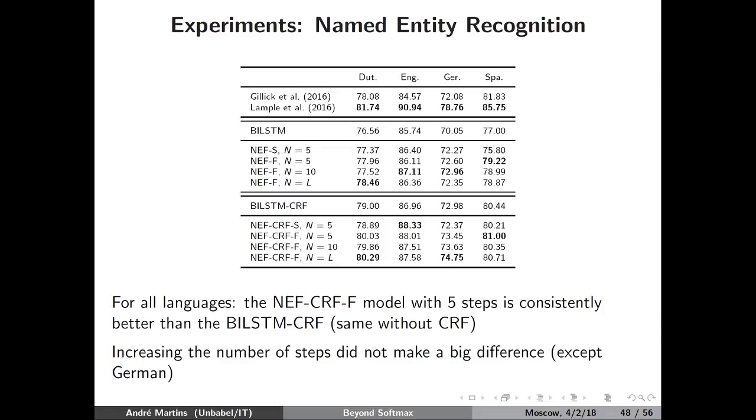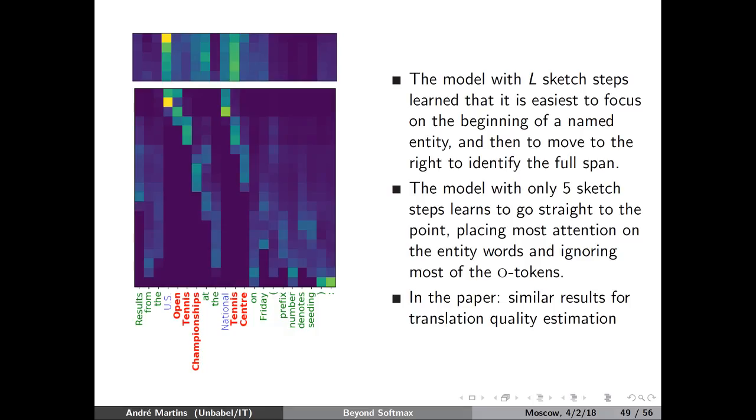If you look at the attention maps, on the top we have just 5 sketch steps, and here as many sketch steps as the length of the sentence. We can see that by using 5 sketch steps, the model learns to do some sort of parallel reasoning.